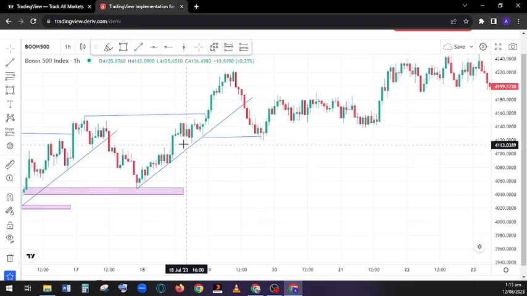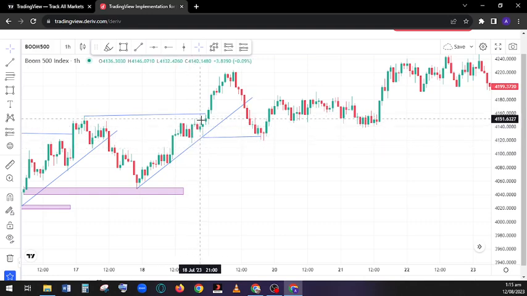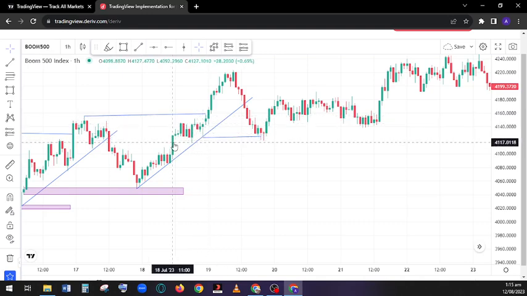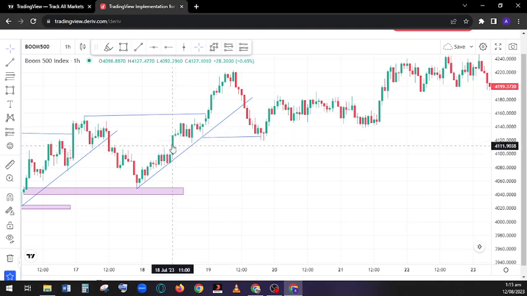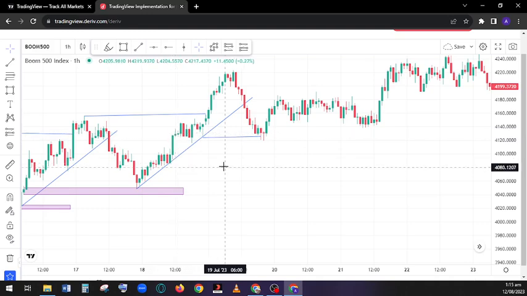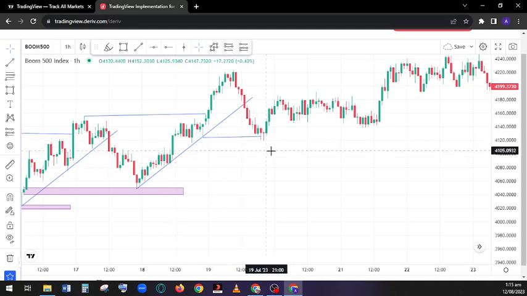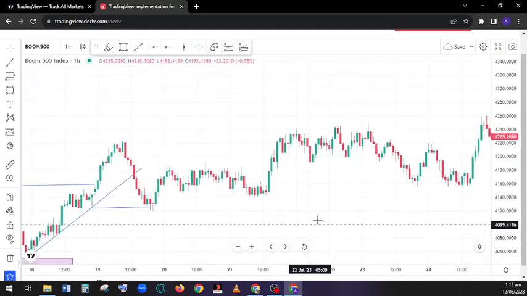Okay, and you can see price taps into this imbalance, and also price taps into this OB, but then this OB is not a proper OB because there is no imbalance in this area. Okay, all right. So unless you are trading this entire imbalance zone as a zone, that is when you get this trade or this entry.